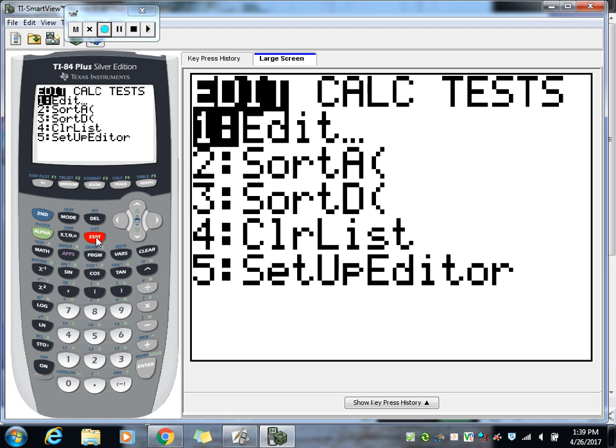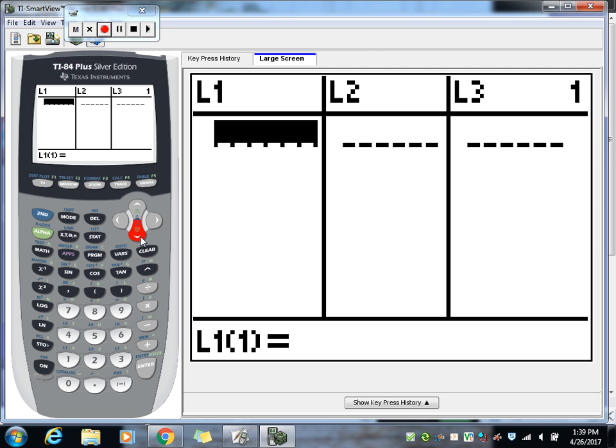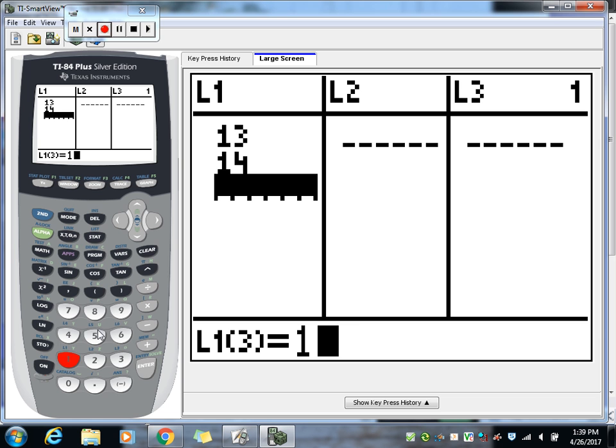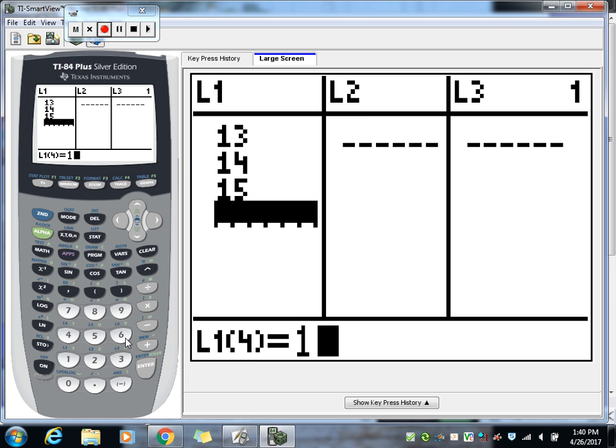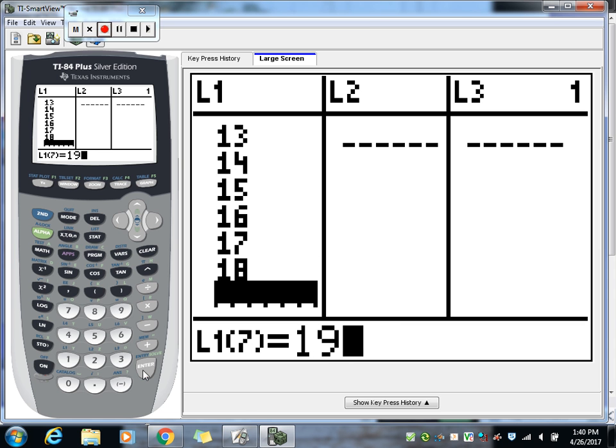So let's go back to our lists. We're going to clear out our numbers from our last problem so that we have 2 blank lists here. So under L1, you're going to put your ages. So 13, 14, 15, 16, 17, 18, and 19.